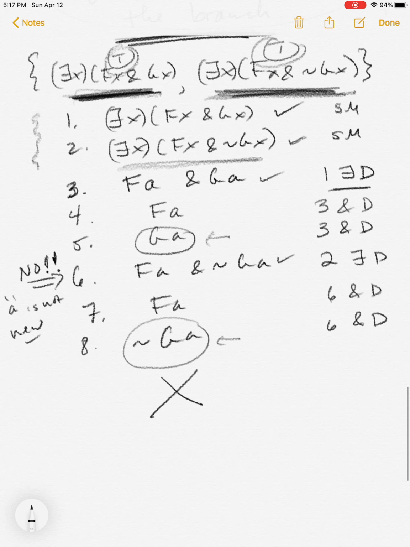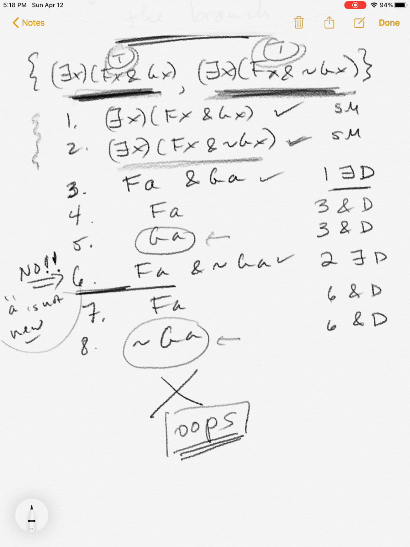Well, when a tree closes, what you conclude is that the set whose quantificational consistency you're testing is inconsistent. But no, it's not. We made a mistake, and the mistake is due to not observing the restriction on applications of existential decomposition.